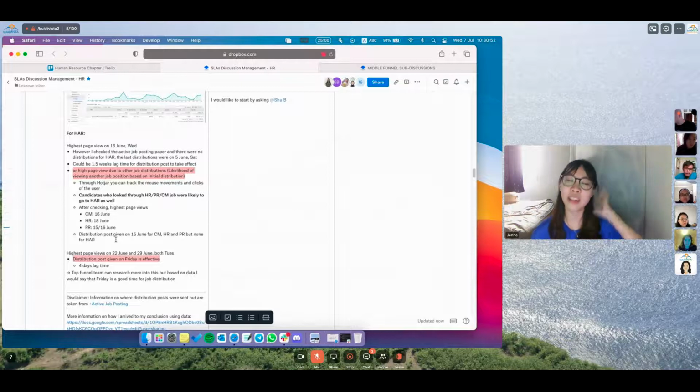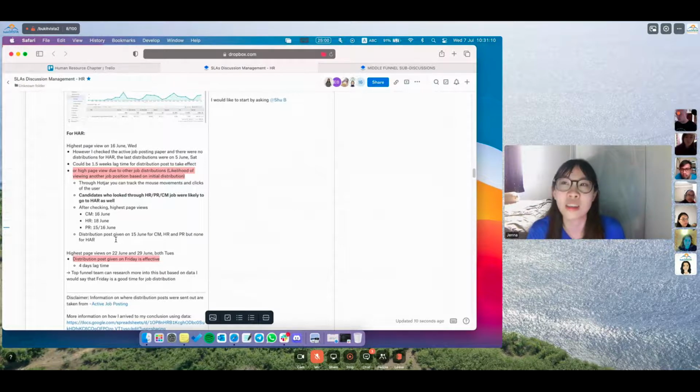So it made me realize that there are some jobs where candidates who come to the website won't just stop at that one job. They will also go to other jobs with similar roles. So maybe that is something we might want to look into.